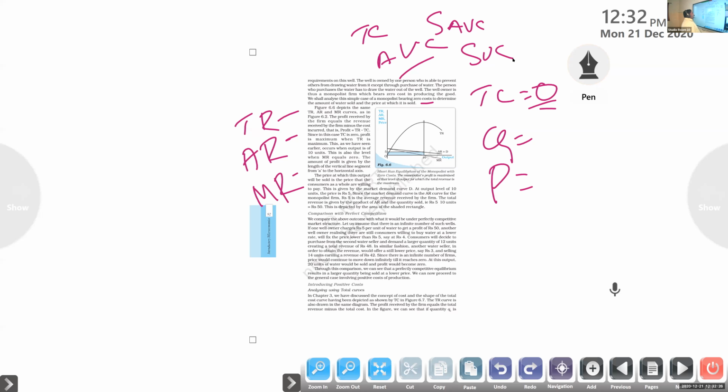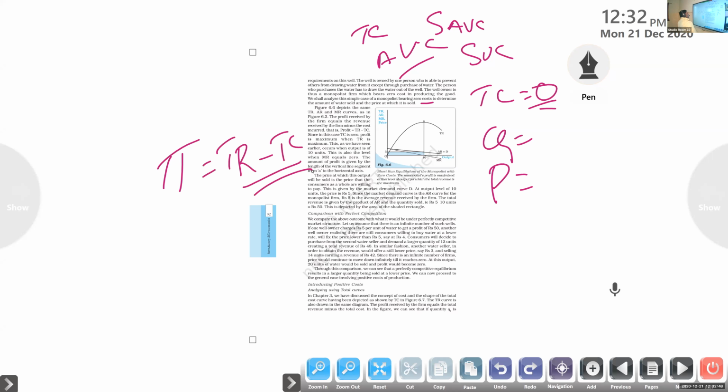Here, as in figure 6.2, the profit received by the firm is equal to the revenue received by the firm minus the cost incurred. That we know as profit. You know that we use a pi sign for that. Profit is always equal to TR minus TC, total revenue minus total cost.